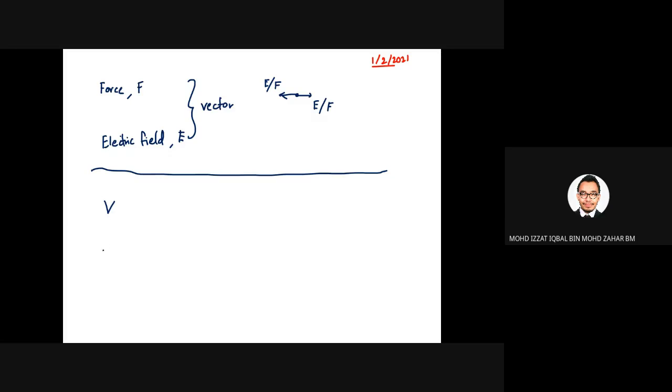V, and then we have work, and then we have U. All of these are actually scalar quantities. This one is KQ over R squared. This one is Q naught delta V, and this one is KQQ over R.